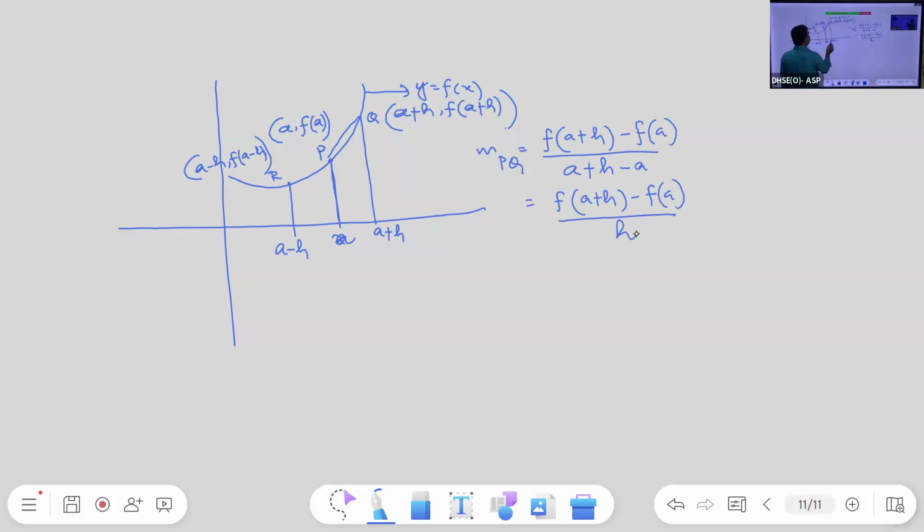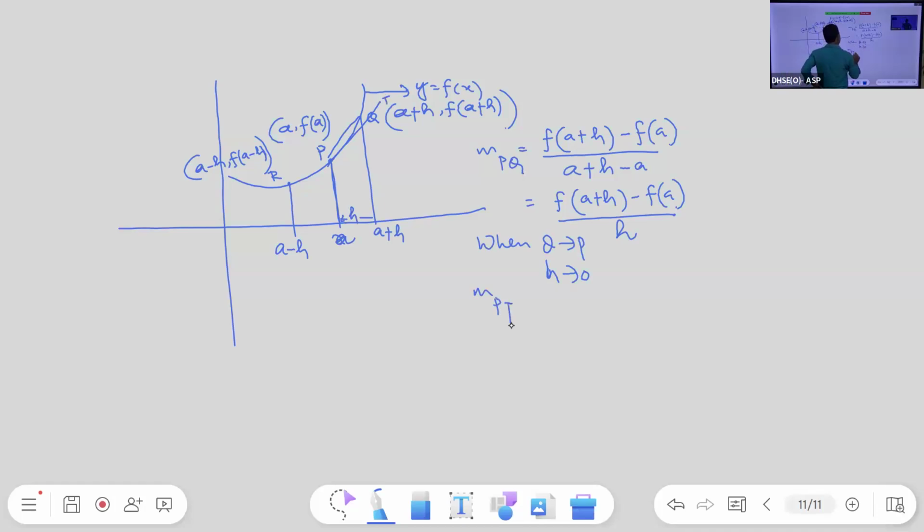When Q approaches P, then this distance h approaches 0. When Q approaches P, the secant PQ will be a tangent. So slope of the tangent at P from the right hand side, M PT, this is PT.